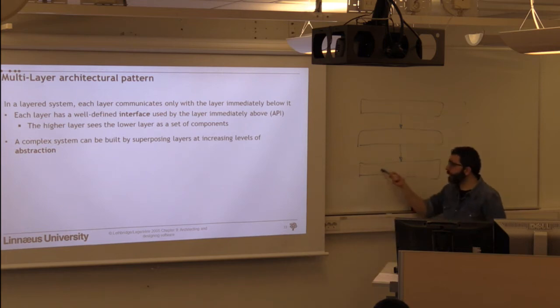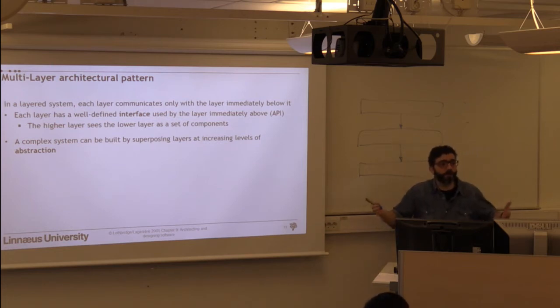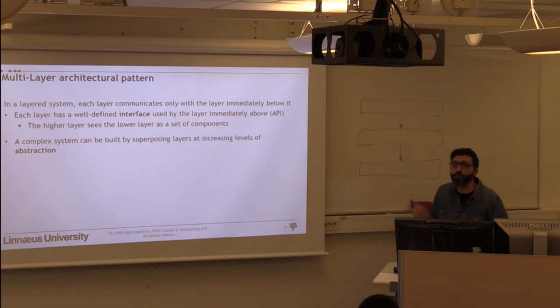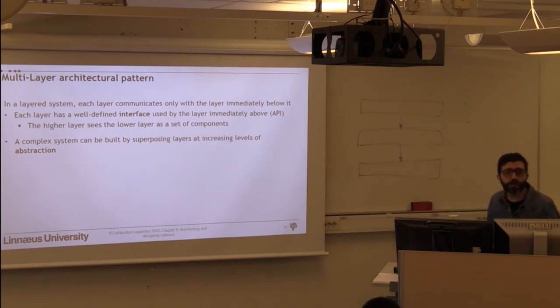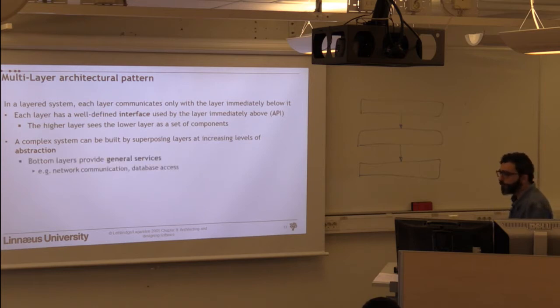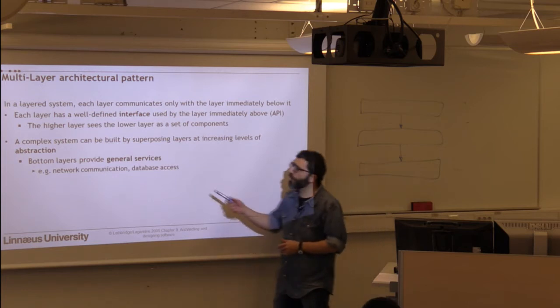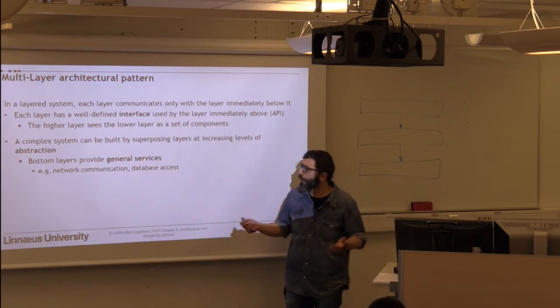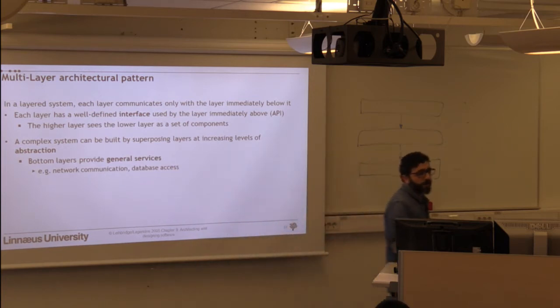Usually the bottom layer provides very low-level functionalities that are used by the upper layer to build more complex functionalities, which are used by the upper layer to create much more complex functionalities. So usually the bottom layers provide general services, for example, network communication, database access, and so on and so forth.